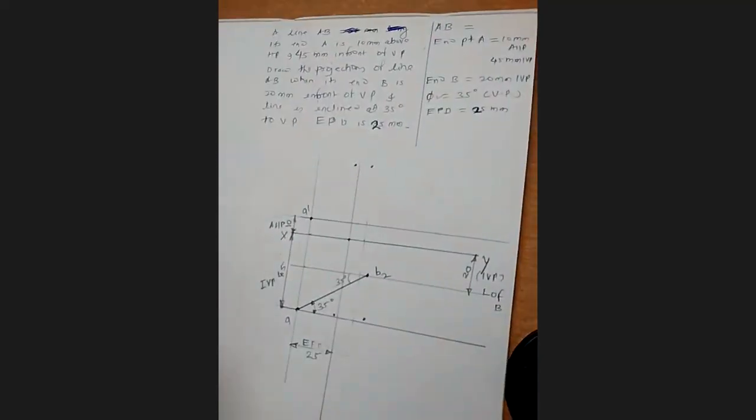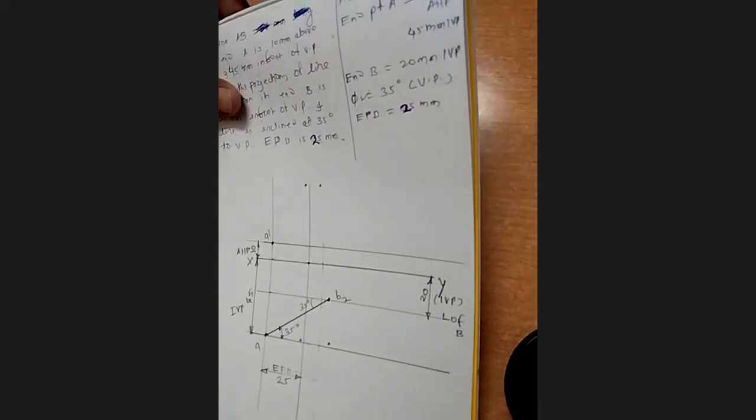Then what next? If you refer to the previous cases, you will come to know that from the B2 point, what exactly we usually do: the point B2 is the point of your true length, not your top view.